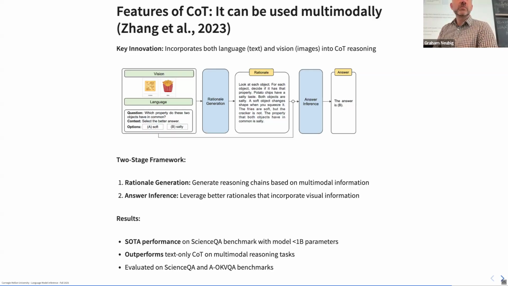I'm not super familiar with these, but I have seen a few papers where they try to find bounding boxes that they incorporate into the outputs as well. If you're interested in multimodal stuff, there's a fair amount of work on this.